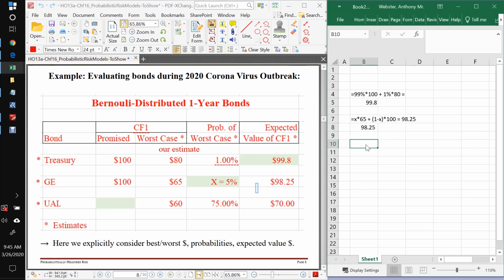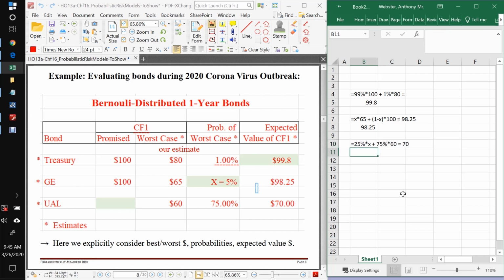Okay, so in this case, her best case is only 25%. So we'll put that in: 25% times x, plus 75% times 60, is equal to 70.